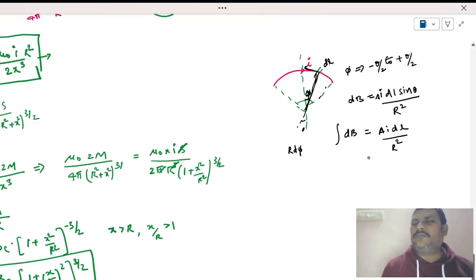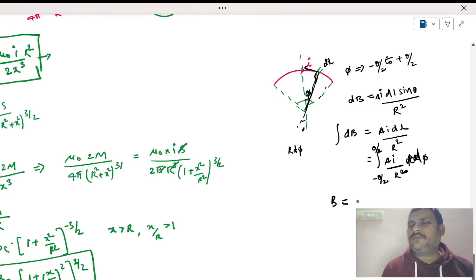So the integral from minus theta by 2 to theta by 2 of I by r square into dl, and dl is r into d phi, so r cancels.